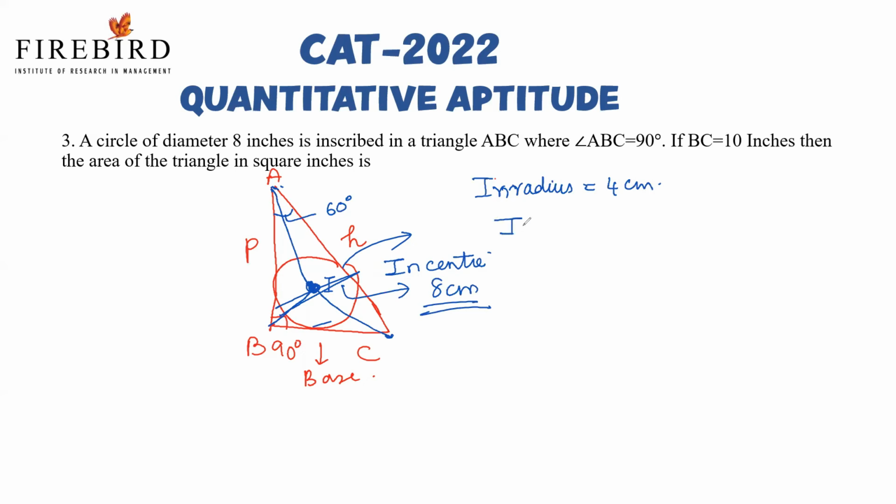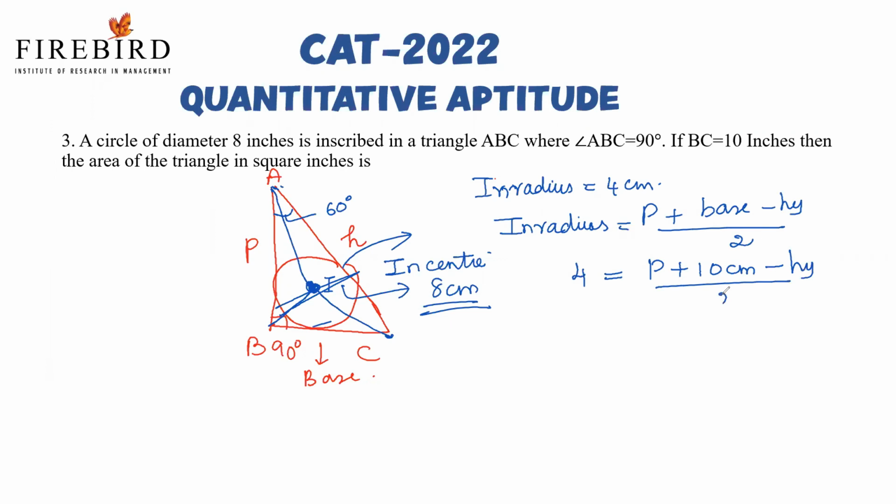Okay, so you should know the formula for inradius, which is very important. So inradius is equal to perpendicular plus base minus hypotenuse by 2. I got inradius value as 4. That is the radius of the circle. Okay, and perpendicular, I'll just take it as P, and base value is 10 centimeter BC, which is given in the question, and hypotenuse divided by 2.